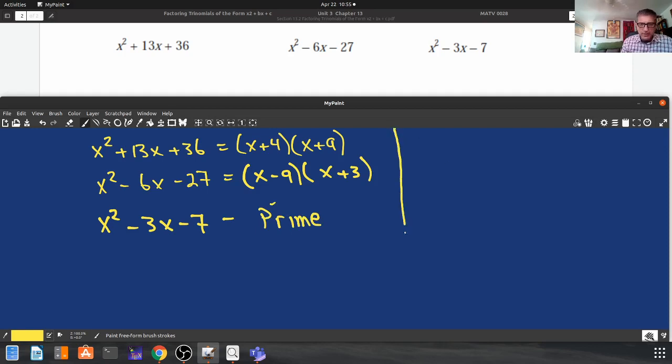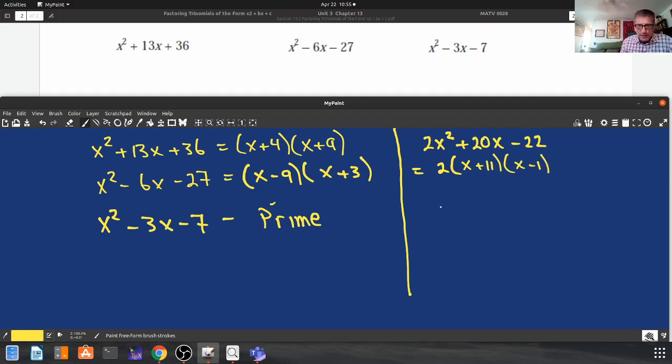And there's another list down here. 2x squared plus 20x minus 22 is equal to 2. You factor out the GCF times x plus 11, x minus 1.